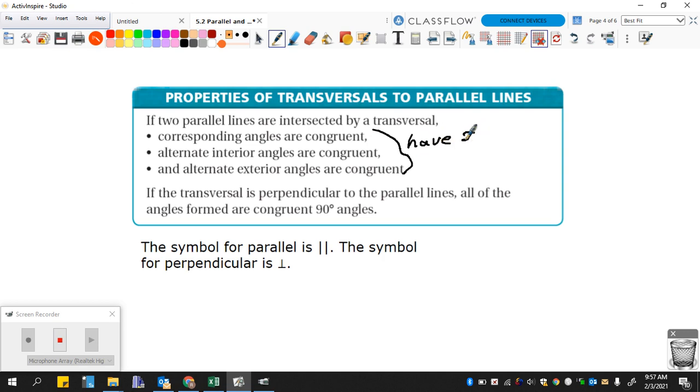Okay, so they are going to have the same measure as their other angles. And parallel is two vertical lines right side by side, and the symbol for perpendicular looks like an upside down capital T. All right, so let's do some examples.